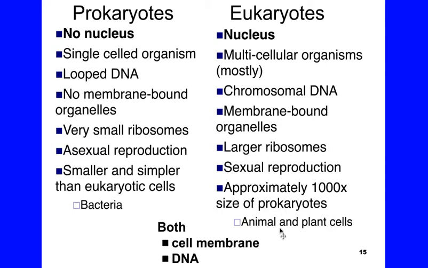Eukaryotes are plant and animal cells, so human cells, orange tree cells, rose cells. Now, there are some similarities between the two. Both prokaryotes and eukaryotes have a cell membrane, the membrane that wraps all the way around the whole cell. And they both have DNA. Remember, all living things must have DNA.